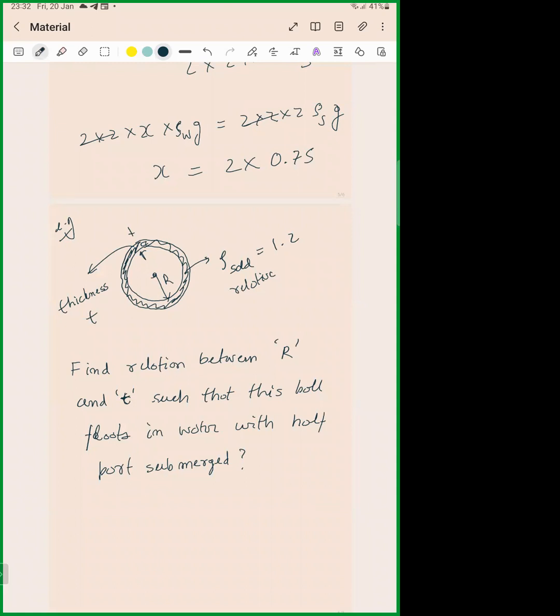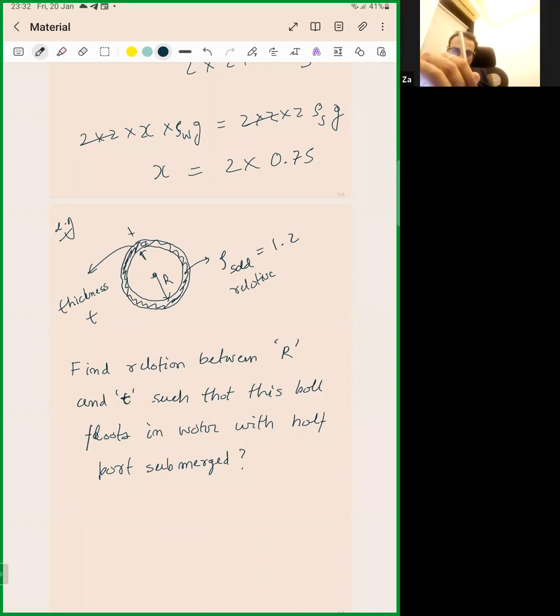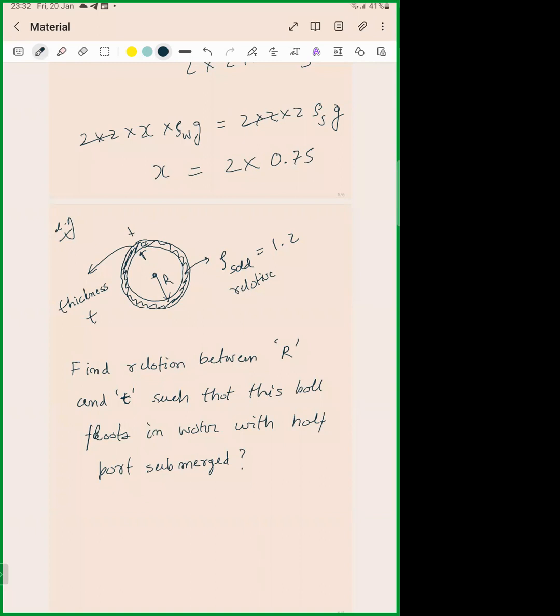I worked out what the density of the object should be. Density was already given, Khushi. No, of the whole thing, like average overall.